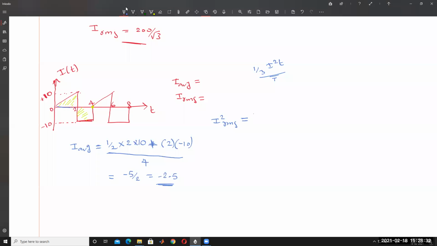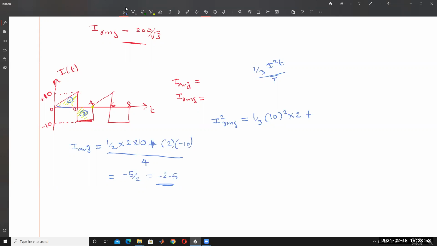So 1 by 3 into I squared, I is nothing but 10, squared, into time period 0 to 2. So this is over. And next for the square, this is first and this is second.